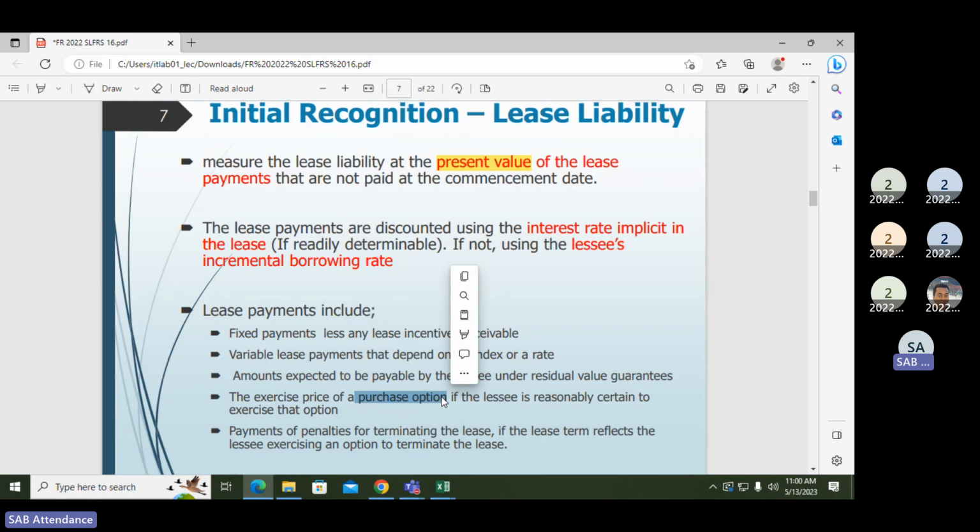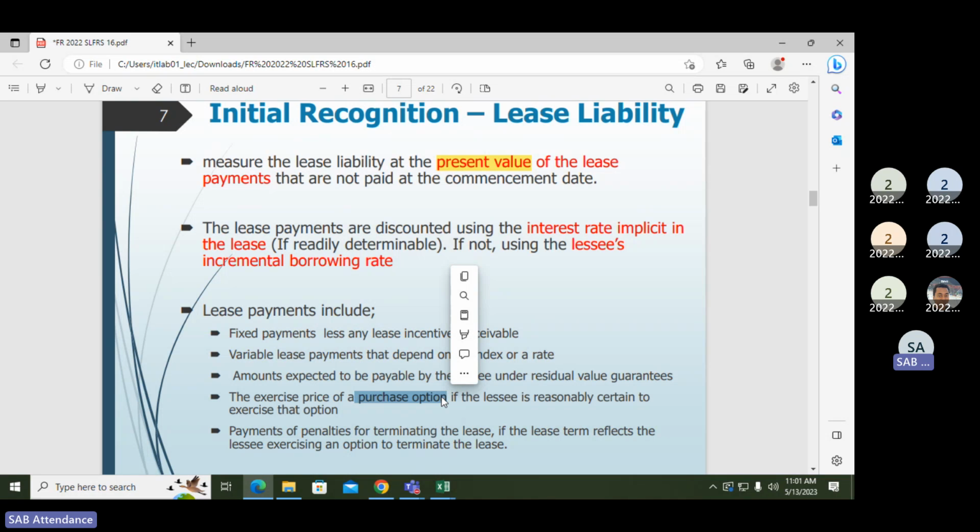Payment of penalties for termination of the lease, if the lease term reflects that the lessee is exercising an option to terminate the lease. That means you won't lease this asset only for 5 years, but say you want it only for 4 years.